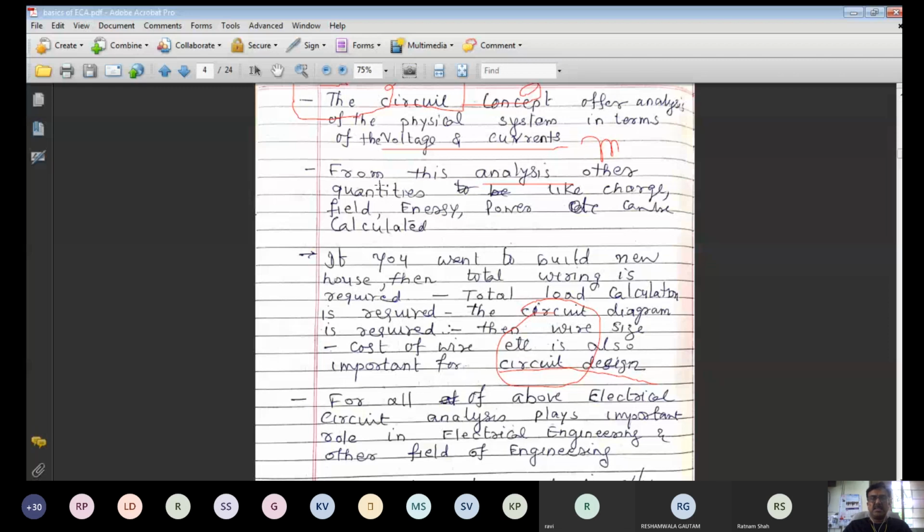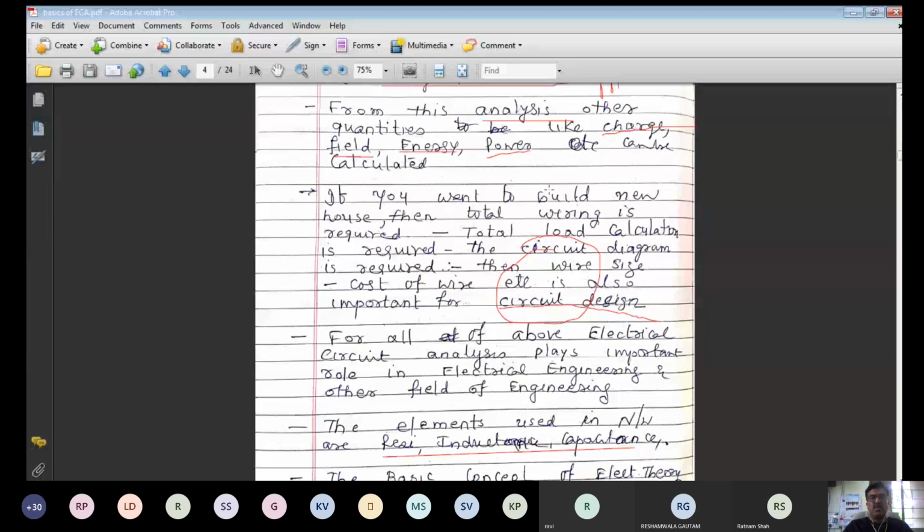From this analysis we can find other quantities also, like charge, electric field, that is V upon D, energy, and power. Energy stored in a capacitor is 1/2 CV square, and energy stored in an inductor is 1/2 Li square. L is the known value, and I is the unknown that we can find with the help of analysis.